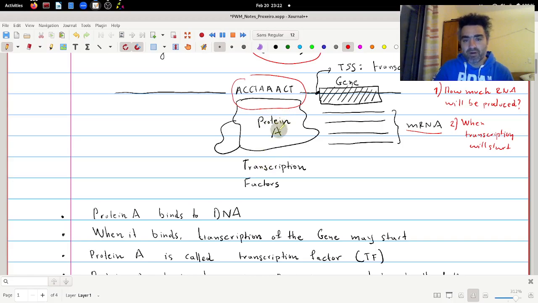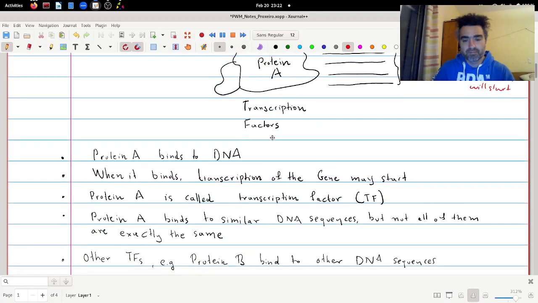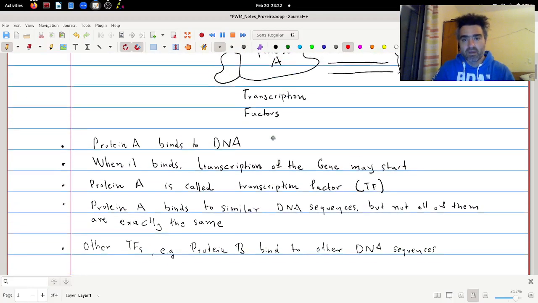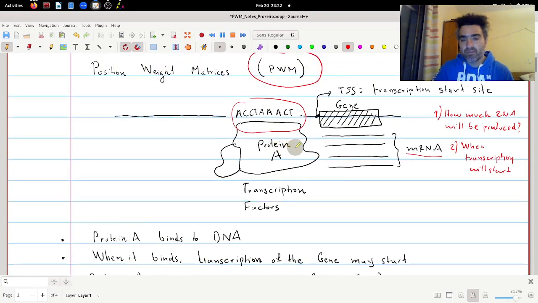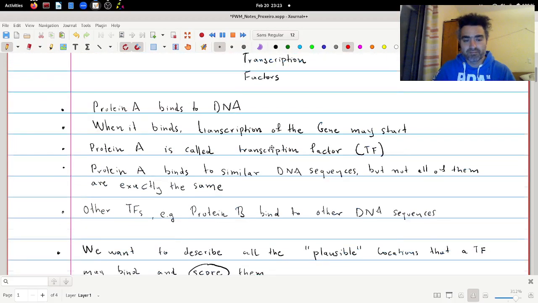However, we have observed that all the sequences that this protein can bind to are similar to each other. Other proteins, for example a protein B, bind to a different sequence of DNA. So each transcription factor has its own preferences.